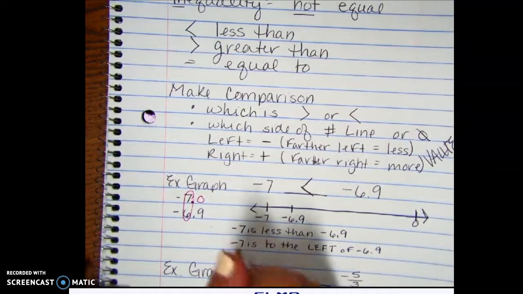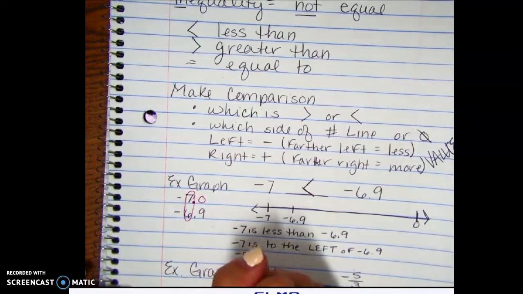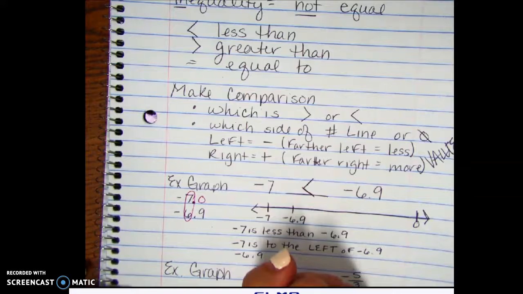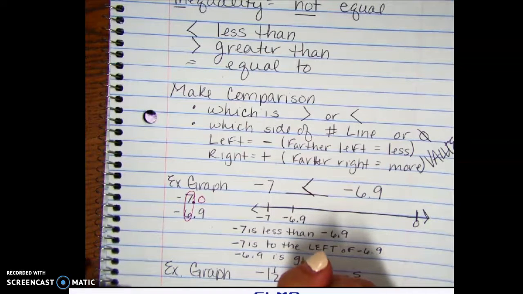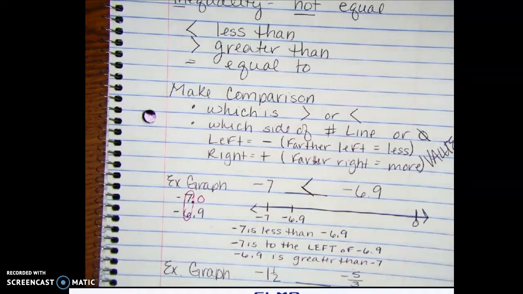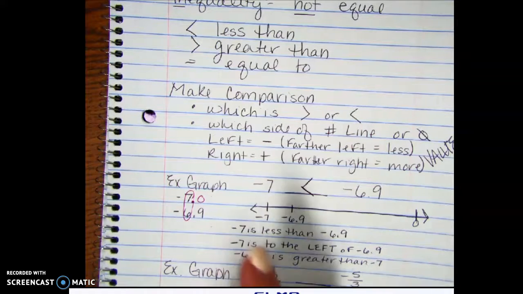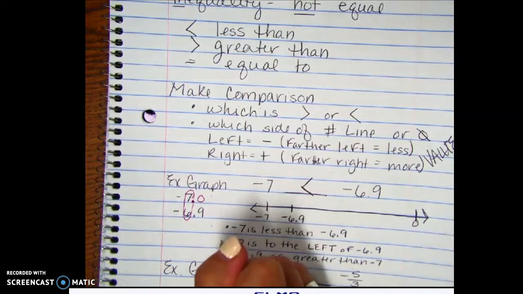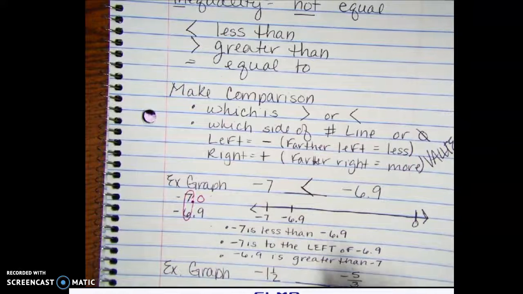We could also flip it around and say -6 9/10 is greater than -7, and so on. So there's multiple ways to describe the position of these numbers on a number line.